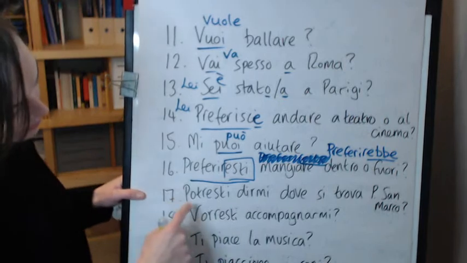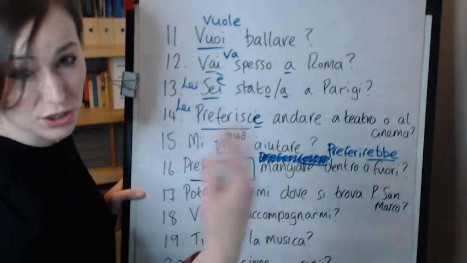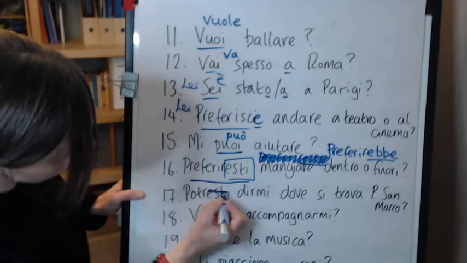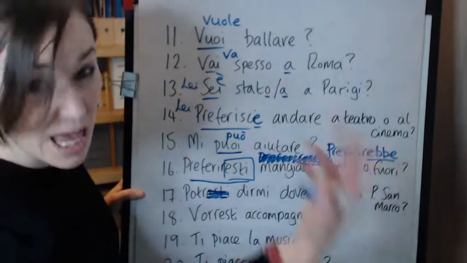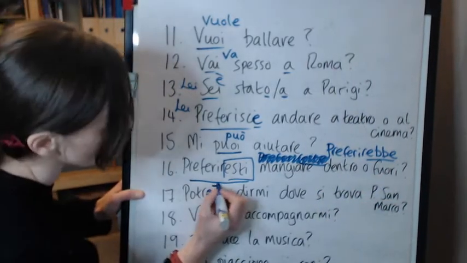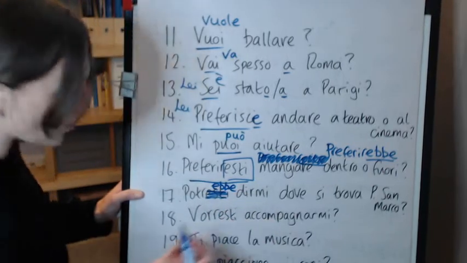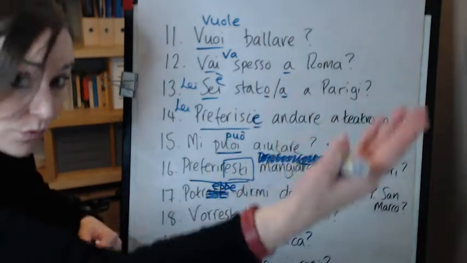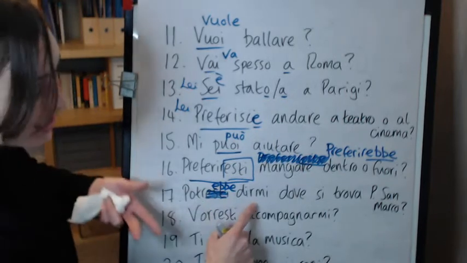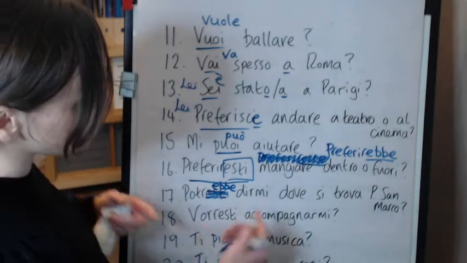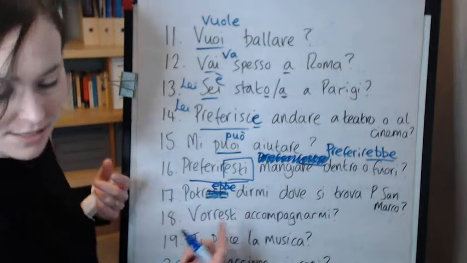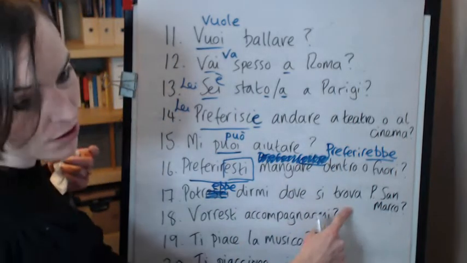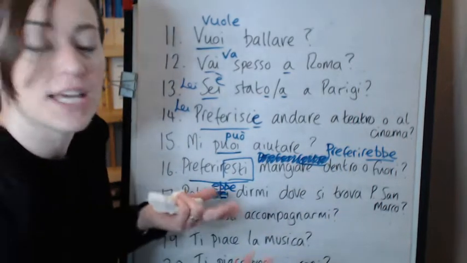So instead of potresti, which is can you to, we're going to take the ending off and we're going to add ebbe. Potrebbe. Okay, that means he, she, or it, or you, formal, could you tell me, dirmi, from the verb dire, dove si trova, where one can find.